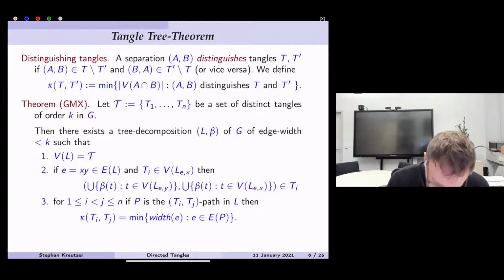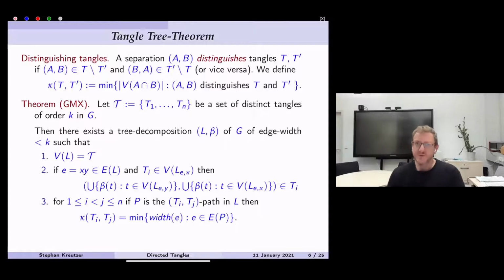And then this notation here, kappa of T and T prime, is just the minimum order of any separation that would distinguish between T and T prime. Of course, there could be many separations distinguishing the 2 tangles, and we take the minimum order of any such distinguisher.